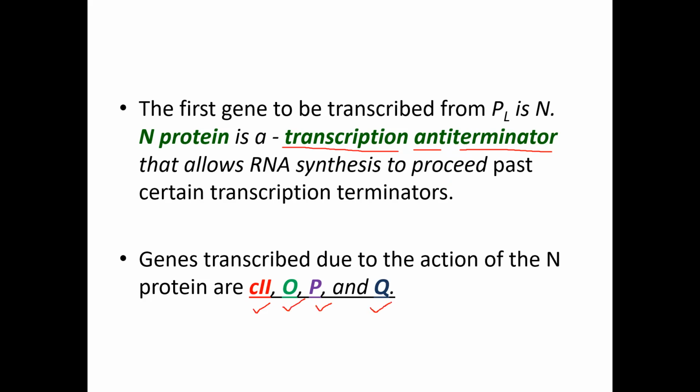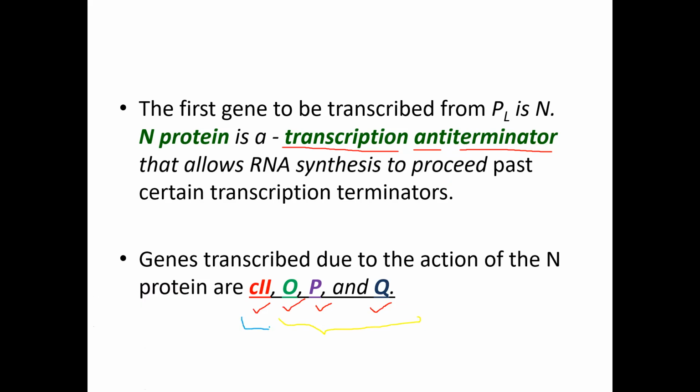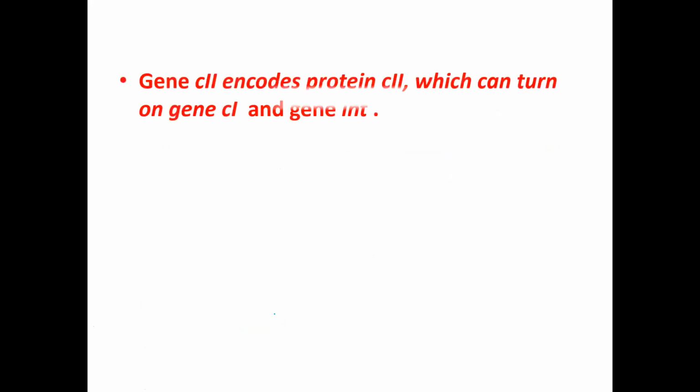Out of these 4 genes, 3 are involved in the lytic cycle, which are O, P, and Q, and 1 is involved in the lysogenic cycle, that is C2. C2 encodes protein C2. The C2 protein will turn on the transcription of 2 more genes, C1 repressor and INT integrase.